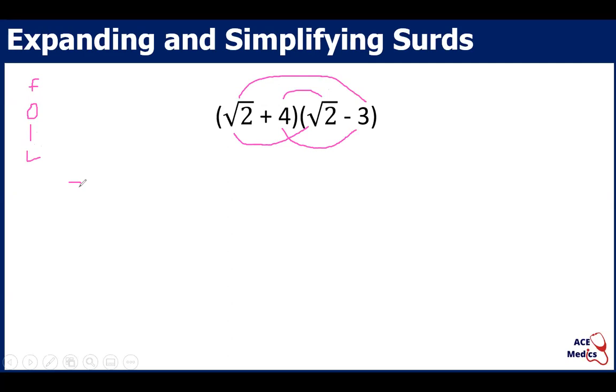So firsties. Our firsties then are going to be root 2 times root 2. Can anyone remember what we need to do if we have 2 of the same surds multiplied together? What will that equal? Well done, Neslam. Anyone else?